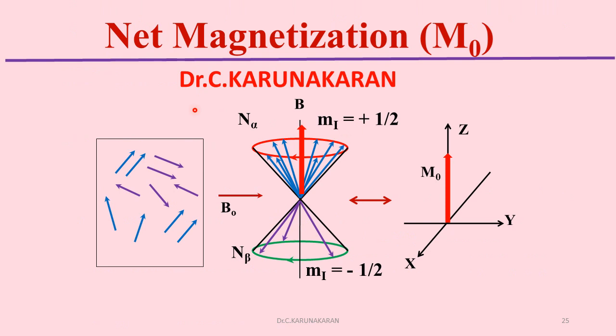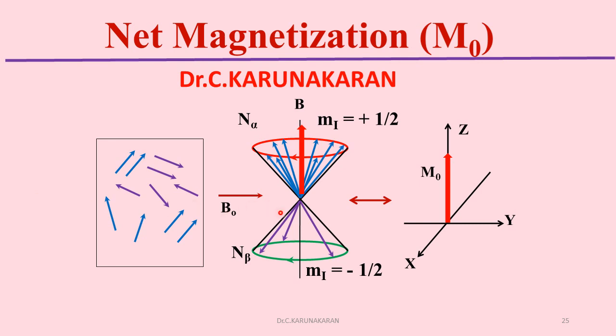To understand pulse NMR or pulse EPR, we need to know what magnetization is, what net magnetization is. Let us consider electron spins, either in clockwise spin or anti-clockwise spin. They are degenerate in the absence of a magnetic field. They are all randomly oriented in the absence of a magnetic field.